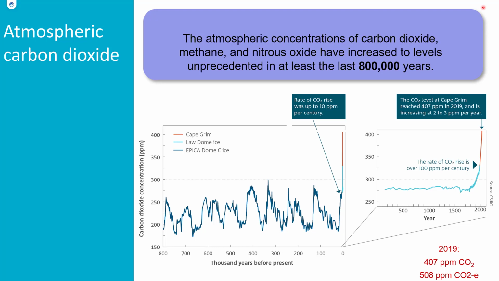And thanks to the fact that we can drill down into very thick layers of ice in places like Greenland and Antarctica, pull out cores of ice that contain very small bubbles of air that were trapped there when the snow first fell way back whenever it was, we can then analyze the contents of those air bubbles and work out the concentrations of a range of different gases that were present in the atmosphere at the time that snow fell.